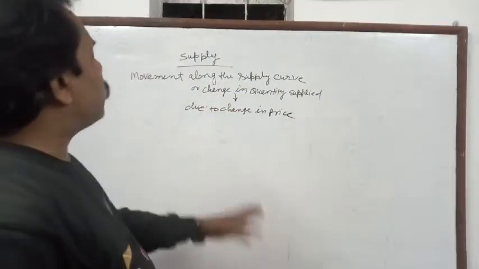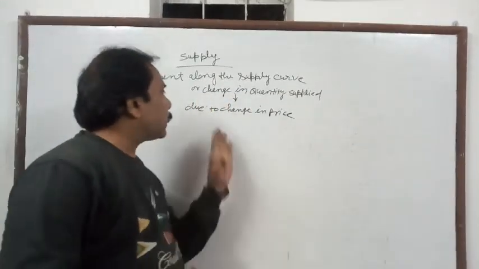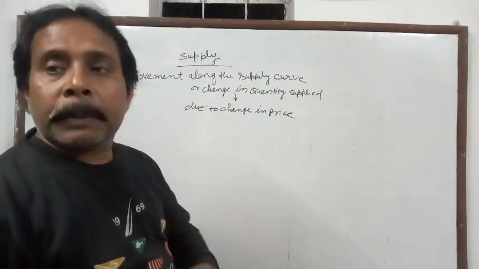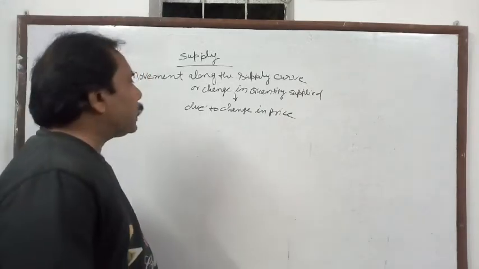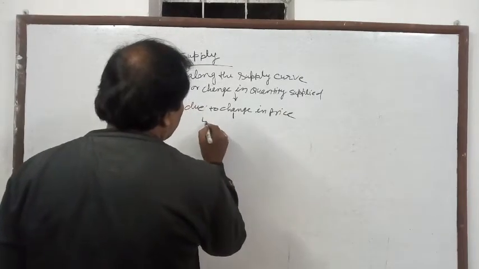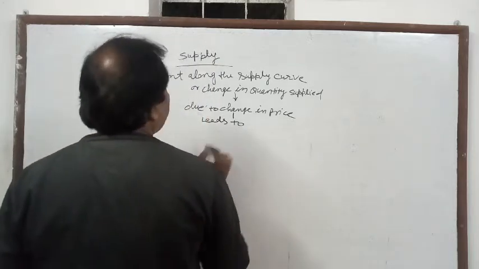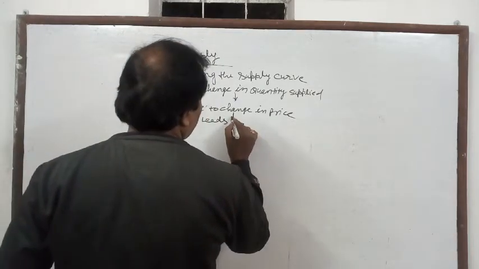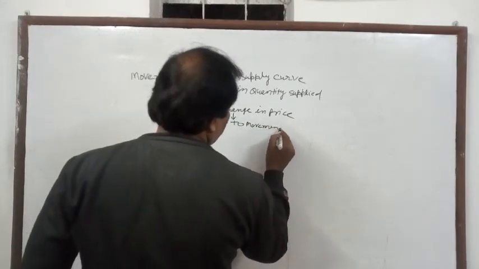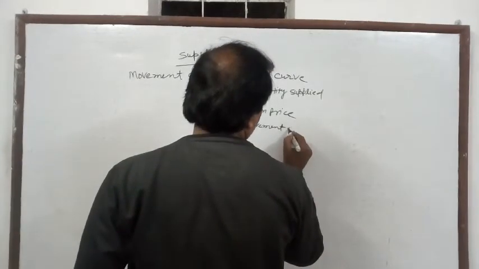Movement along the supply curve happens due to change in price, or change in quantity supplied takes place due to change in price. Clear? So if the price changes, it automatically leads to movement along the supply curve.